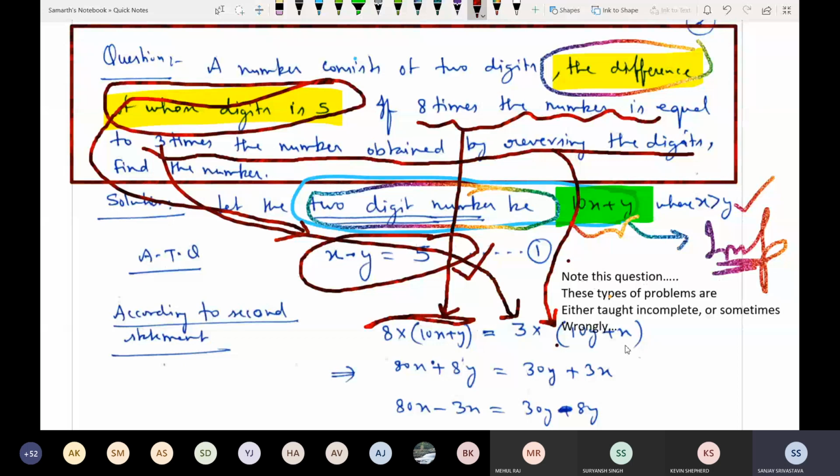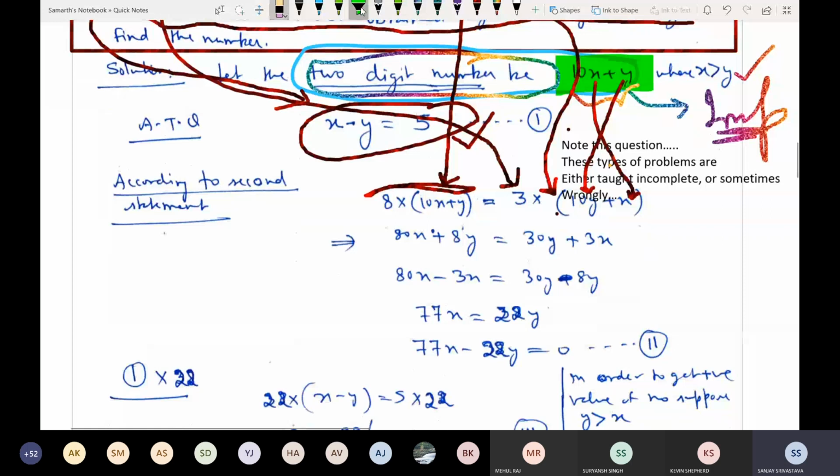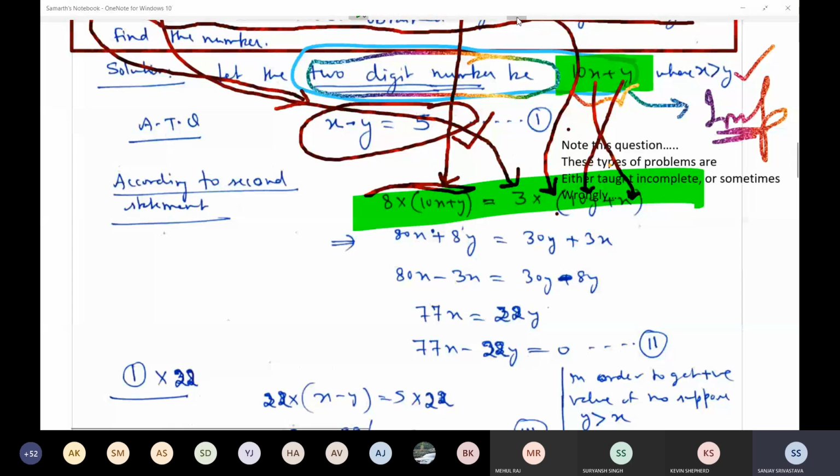That means the number with the reversed digits is 10y plus x. After simplifying, you will get 80x plus 8y is equal to 30y plus 3x, and on further simplifying, you will get 77x minus 22y equal to 0. This is the second equation which we have got.